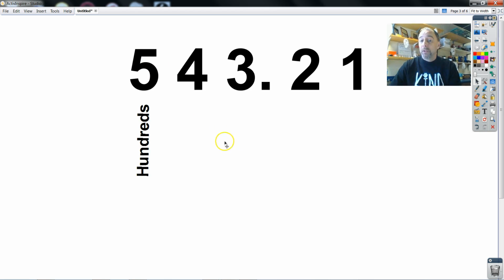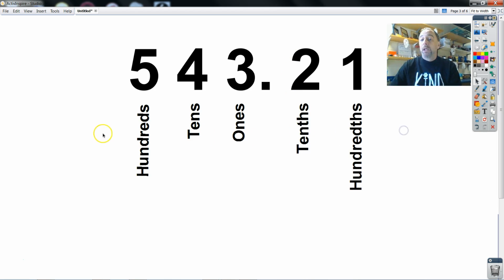So this is 500, tens, 40, ones, 3. And this is what? This is 2 tenths and 1 hundredths. To read this number, we would say 543 and. Whenever you see the decimal point, that is when you say and.